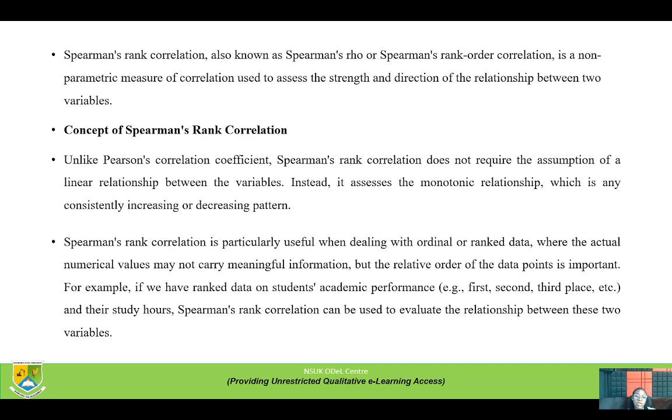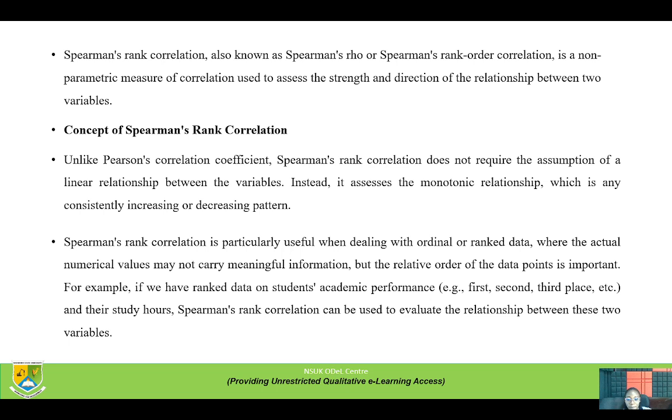Spearman's rank correlation is particularly useful when dealing with ordinal or ranked data, where the actual numerical values may not carry meaningful information. It involves ranking, which means arranging a set of variables or dataset in ascending or descending order.